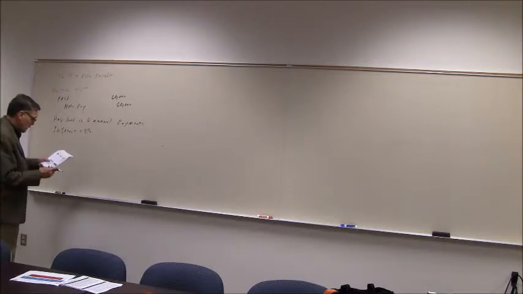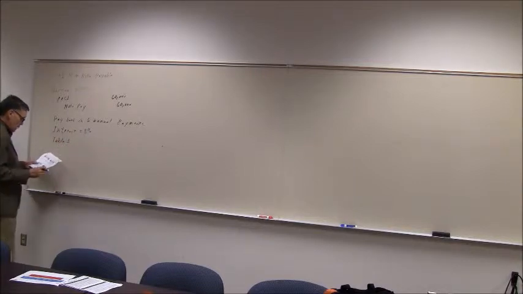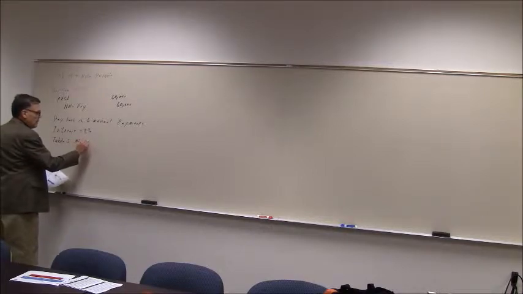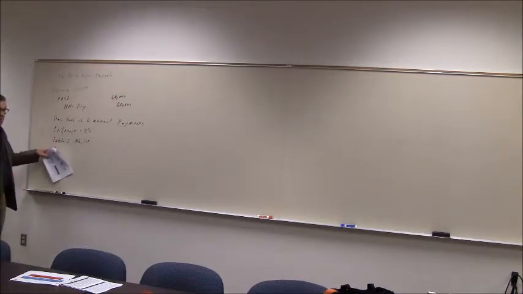Here's the way it works: we're going to use table 3, with an N of 6 and an I of 8. Table 3 is the present value of an annuity.